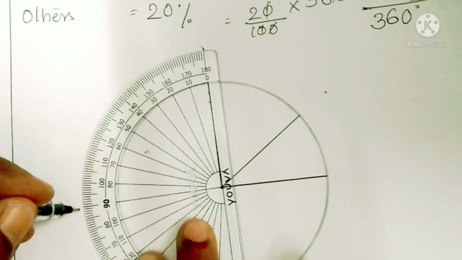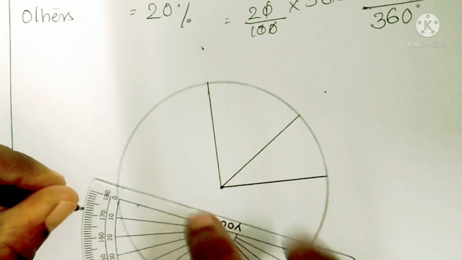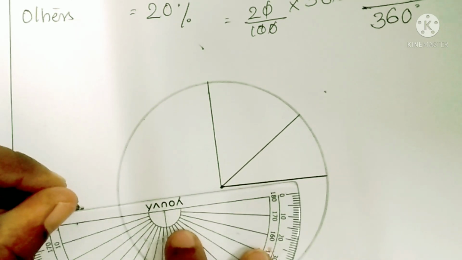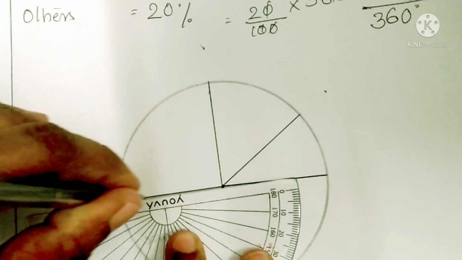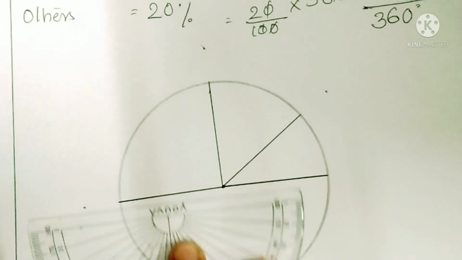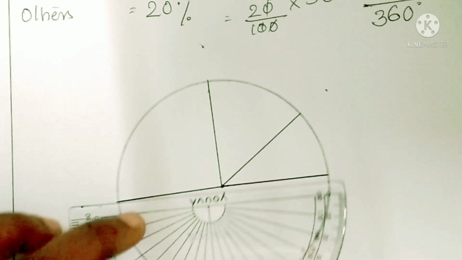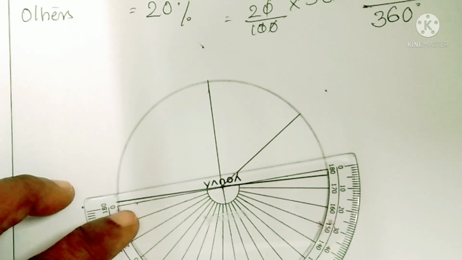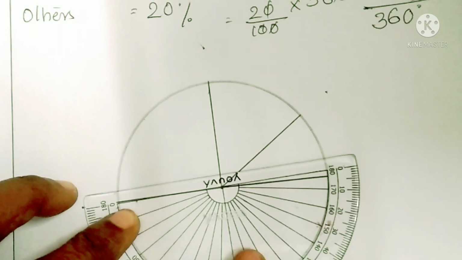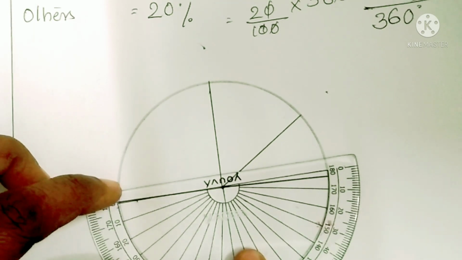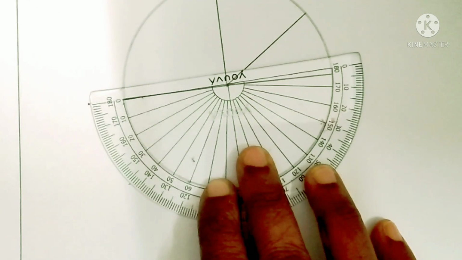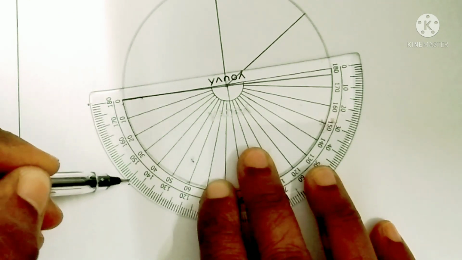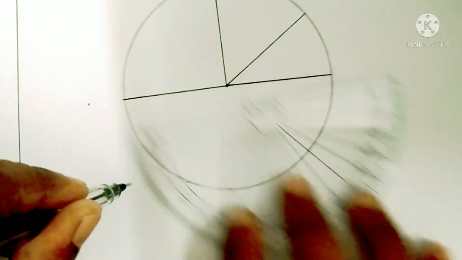So it is here. It is 90. Again from there it is 36. So 30, 35. See, this is 30, 35 and 36.